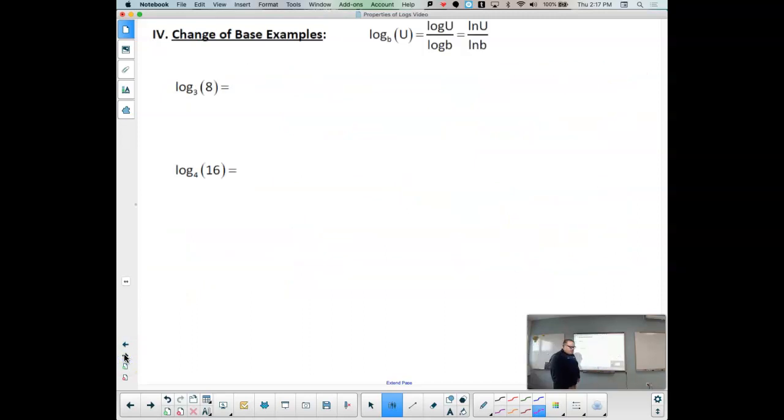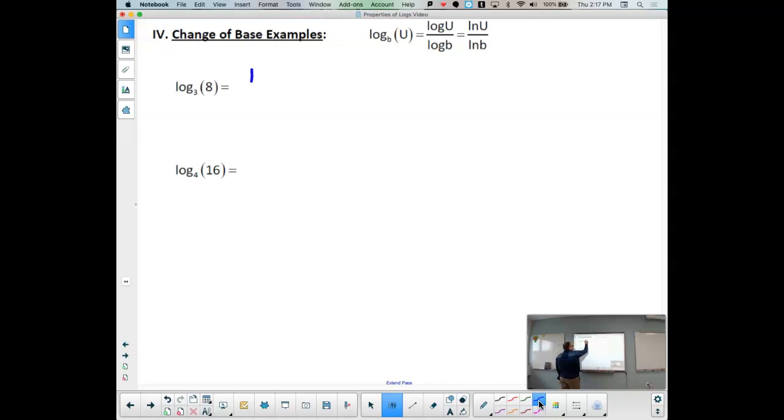Last thing we need to talk about here is the change of base formula. Okay? So again, I rewrote the change of base formula up there for you. So I'm thinking, what exponent can I put on 3 to get me 8? Okay? Well, that would be something bigger than 1, something less than 2, but let's see what we got here.